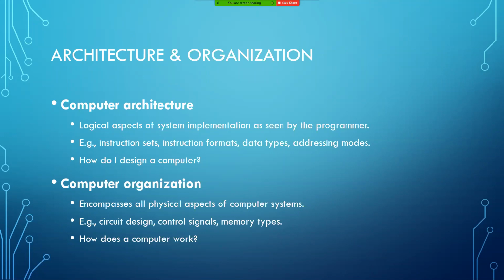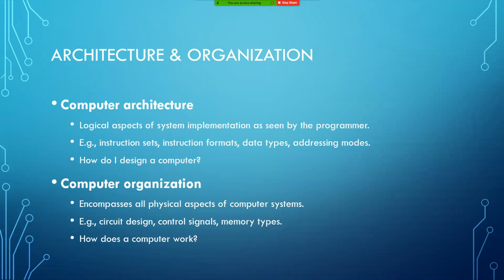This kind of physical thing is considered computer organization, right? Again, look at the third line: how does a computer work? So architecture means how we design a computer, and computer organization means how a computer works physically. That is the basic difference between architecture and organization.